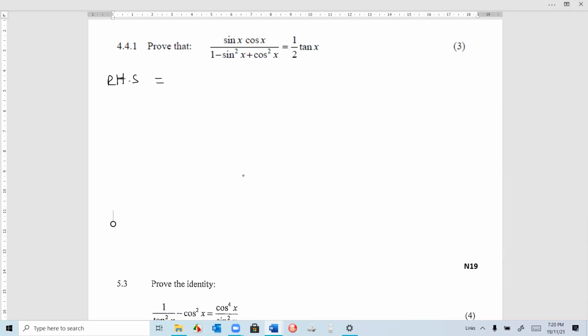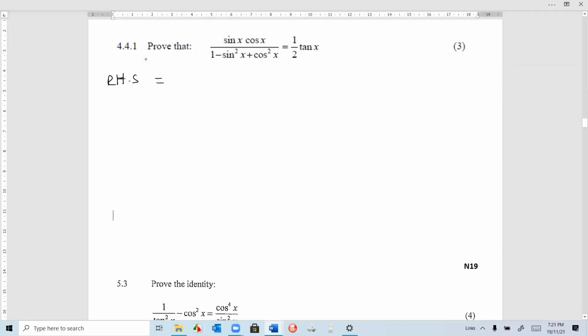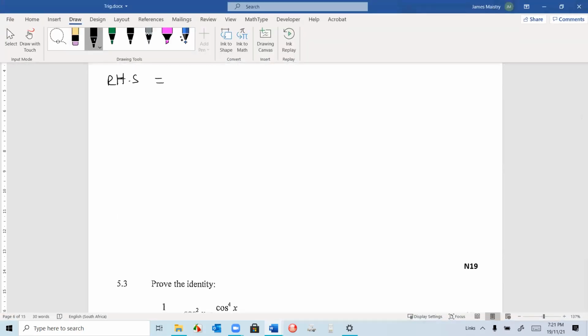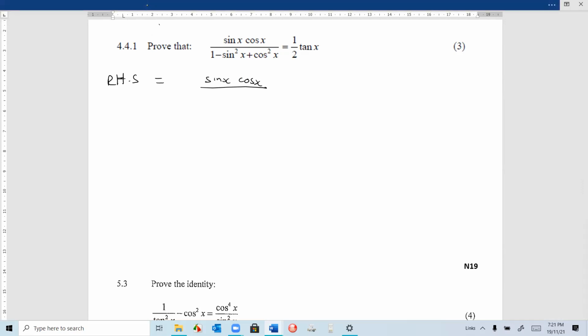We don't have to rewrite the question, but this is the right-hand side, as you can see. If we look at our right-hand side, you're asking yourself, are there any formulas there that I can use? On the top, actually not, so let's write down our sine x cos x. But if you look at the bottom, can you see a formula there?